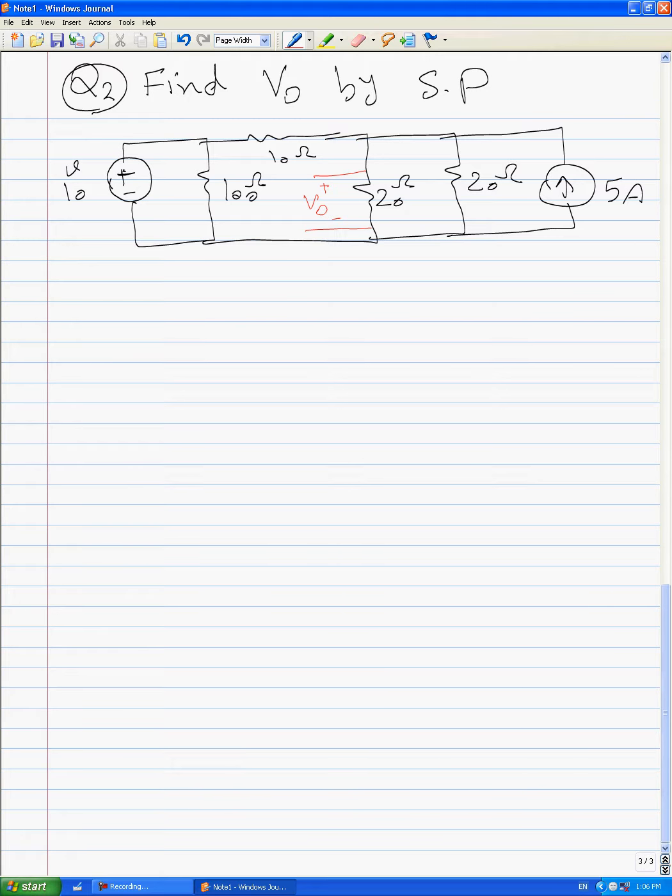Okay, important key: because this circuit has two independent sources, the superposition technique can change this circuit to two sub-circuits like this. In the first part, we change 5 amps to 0, and in the second part we will change 10 volts to 0.